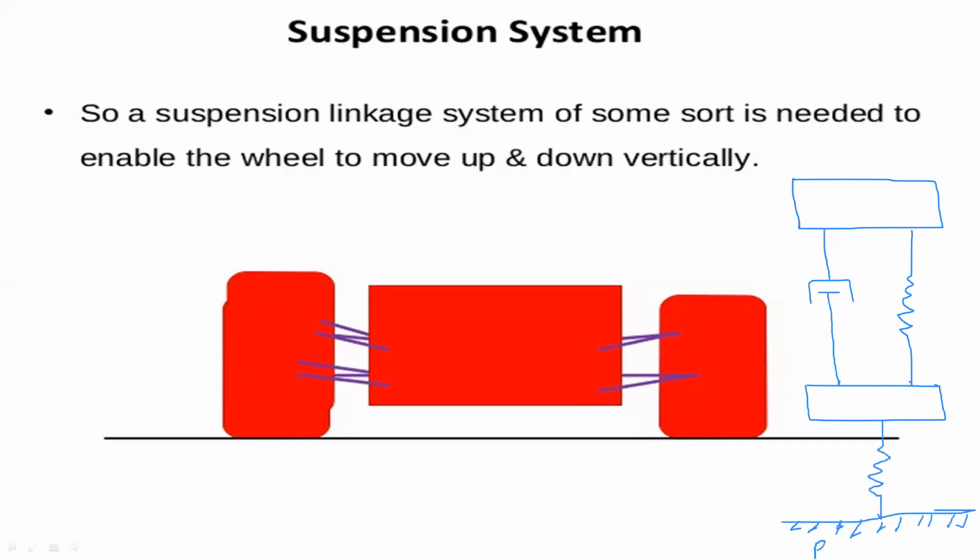It is the road surface. Then there is the unsprung mass M1, and the damper is placed on that.